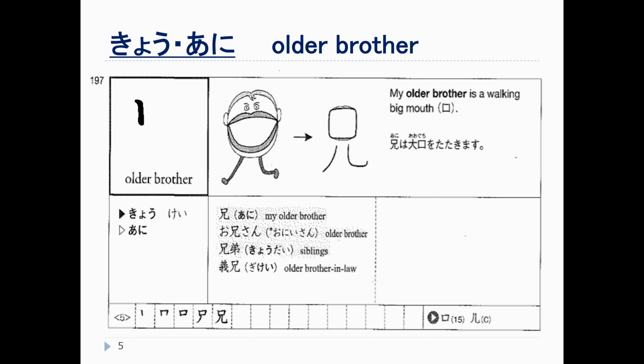Once again, 1, 2, 3, 4, 5, flat and hook. So this is ani.